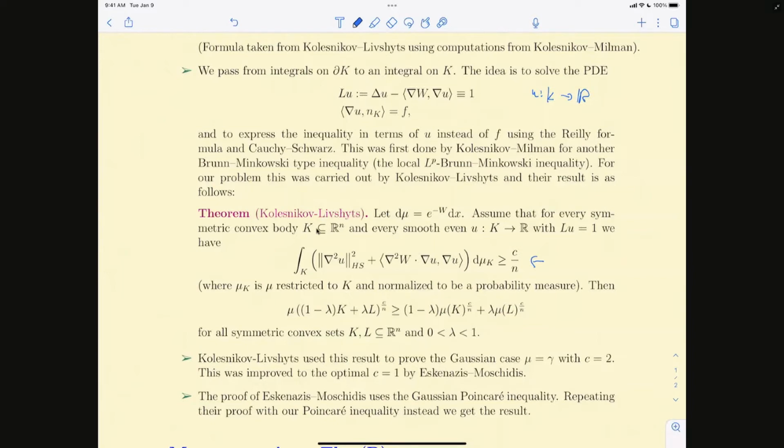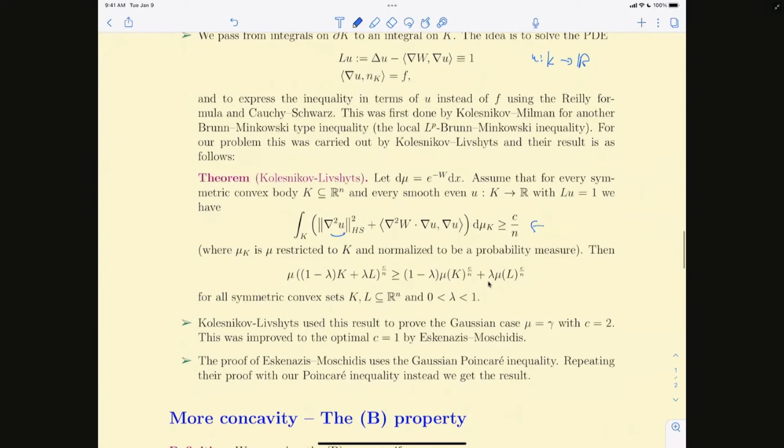You have to prove that for every symmetric body K, and for every even function u with L of u equal 1, you have this inequality, where you take the Hessian, it's a matrix, you take the Hilbert-Schmidt norm. And if you prove this with constant 1 over n, you get what you wanted. If you prove this with constant 7 over n, you get Brunn-Minkowski, but with 7 over n. Whatever you prove here, you get.